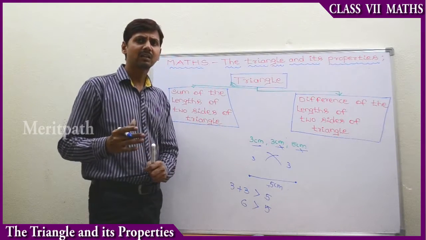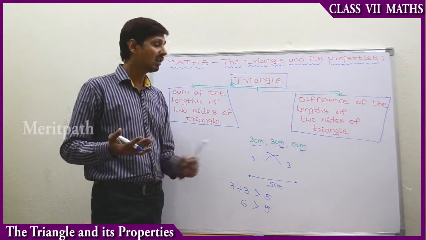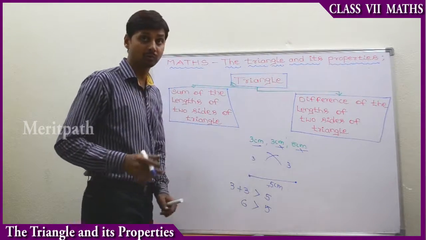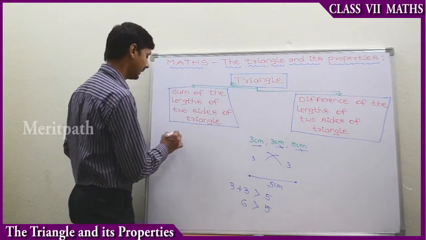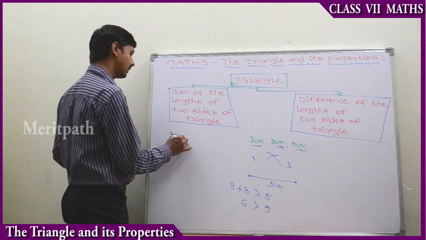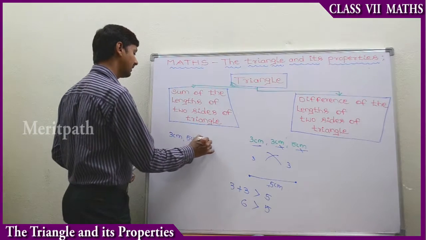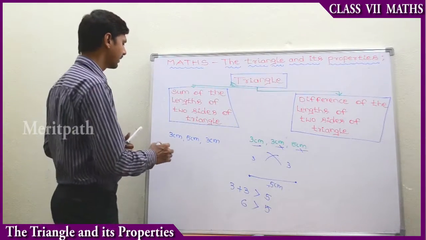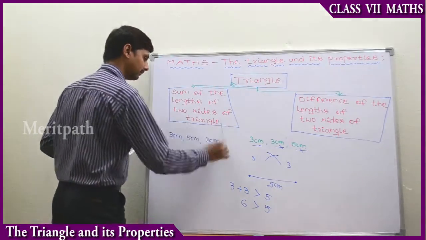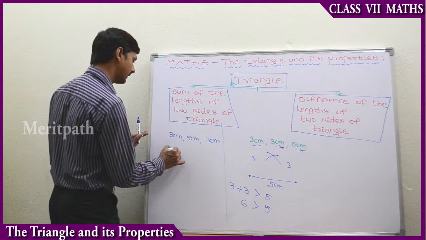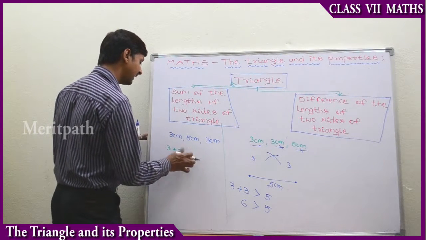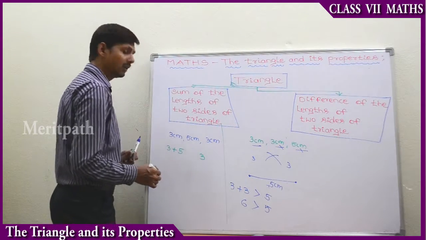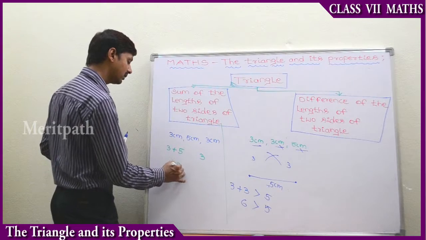When we compare with other combinations, taking 3 centimeters, 5 centimeters and 3 centimeters, that means on the base we have taken 3 centimeters. Let's add both: 3 centimeters plus 5 centimeters is 8, and the third side is 3.